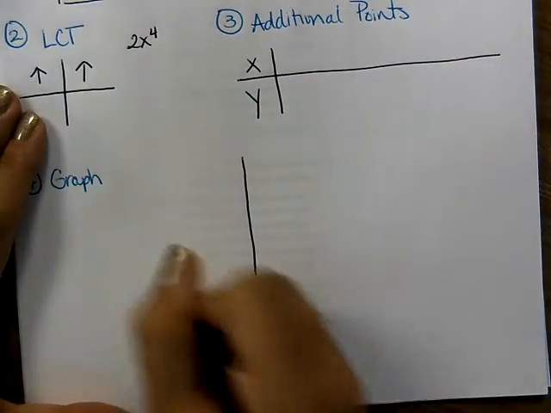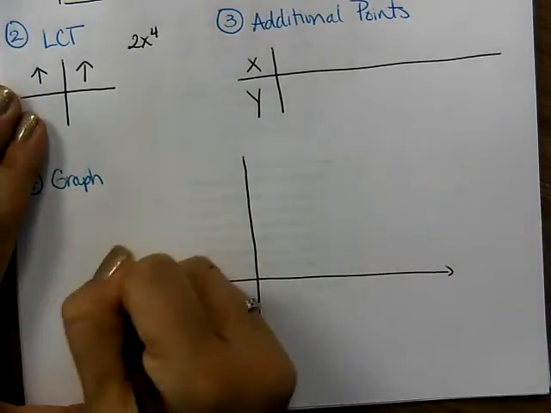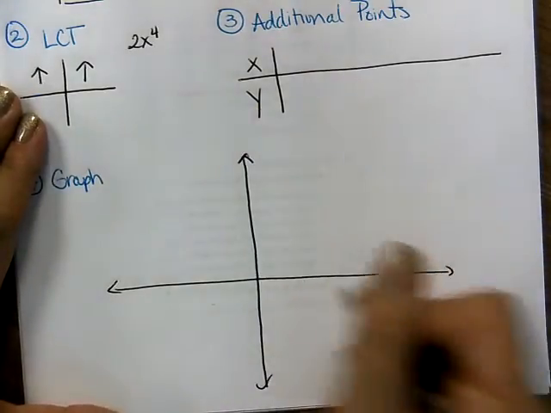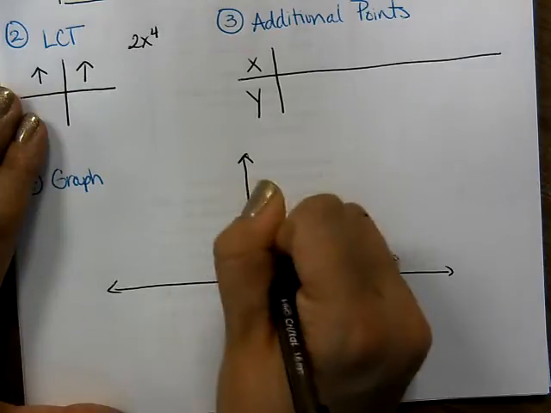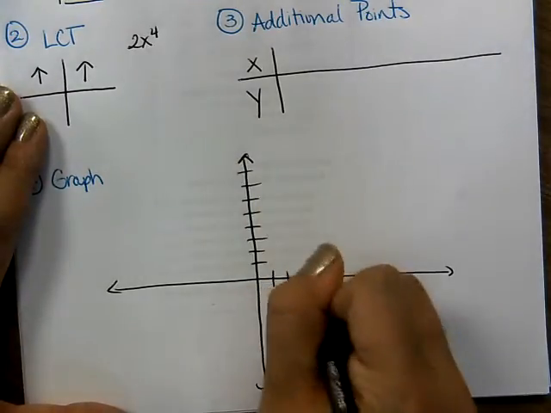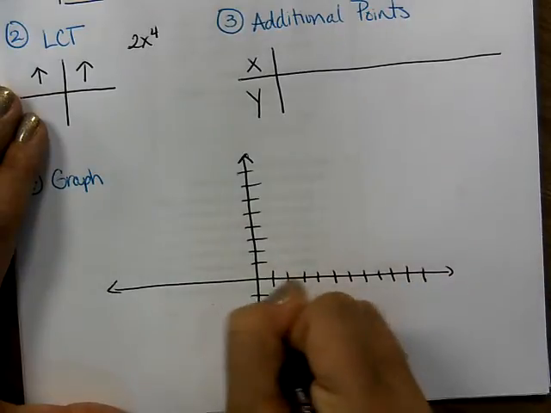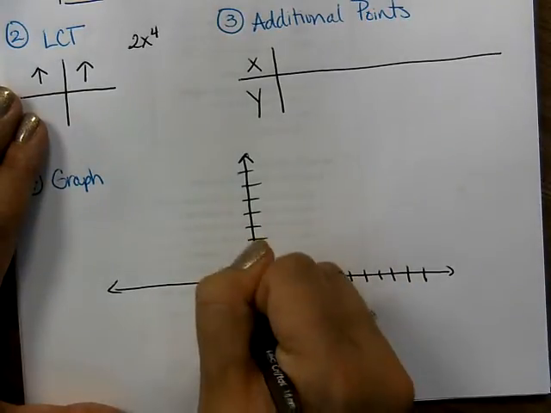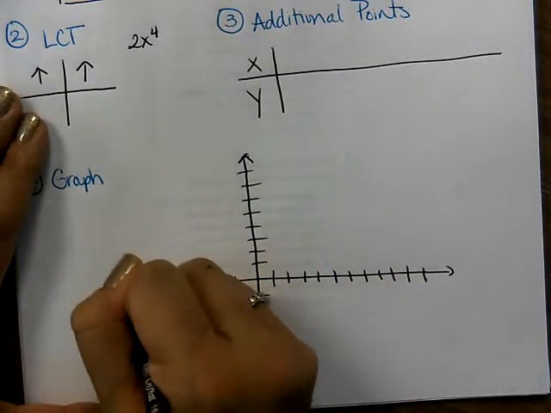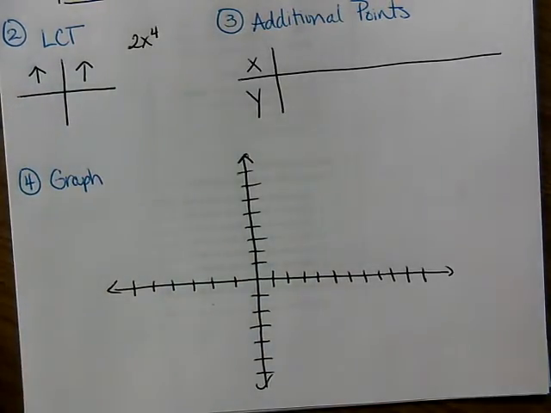So to graph this, okay, let's see. Just set up your axes. If you're ever changing the scale to something other than 1, you have to label the scale for me. Otherwise, I'm just going to assume that it's a 1, okay?